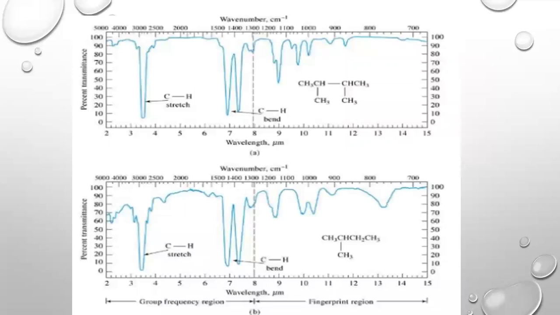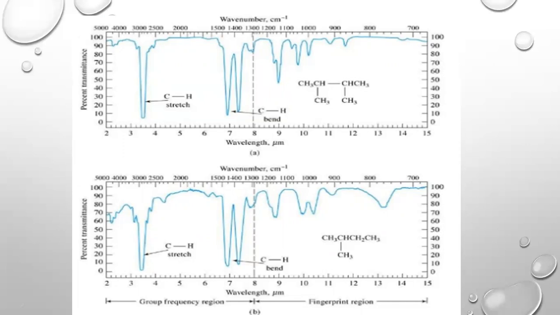Here you can see two different alkanes whose molecular formula is the same, but they are chain isomers. The first compound is 2,3-butane and the second is only 2-butane. In the molecule there are only carbon-carbon bonds and carbon-hydrogen bonds.